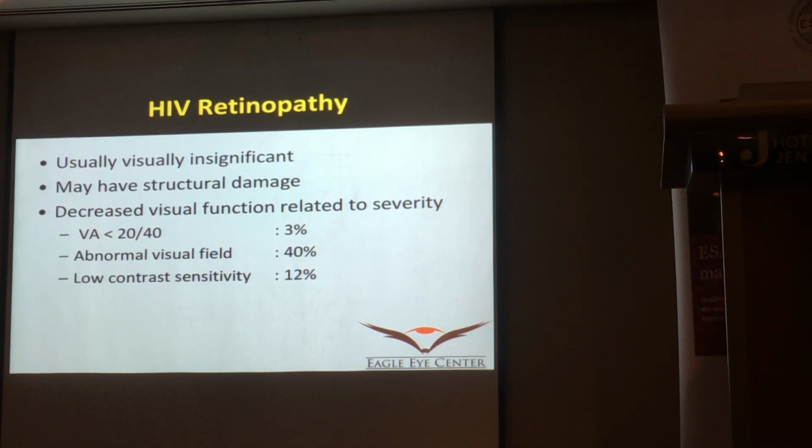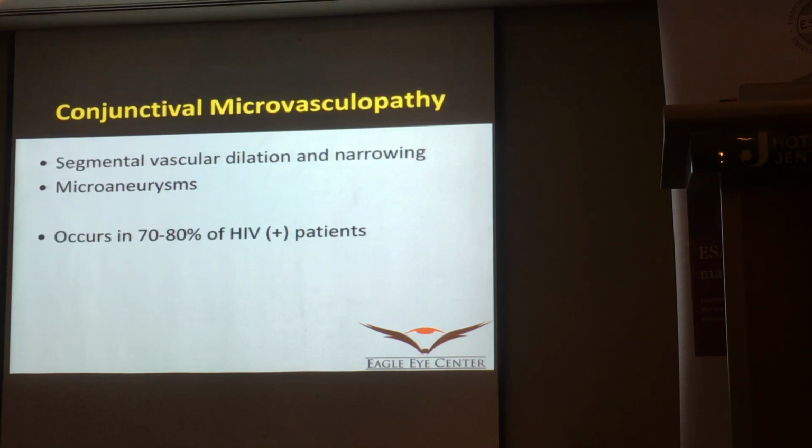Decreased vision is actually very uncommon, less than 3%. It is obviously related to the severity and location. Abnormal visual fields are actually not that uncommon. They do represent arteriolar occlusion, so you may still see patchy defects on a visual field assessment. Decreased contrast sensitivity, about 10% of patients.